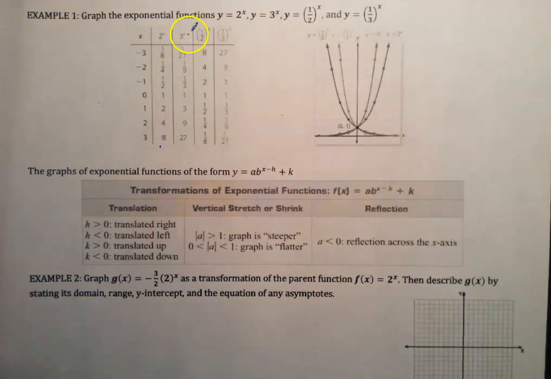Y equals 3 to the power of x, y equals 1/2 to the power of x, and y equals 1/3 to the power of x. Then we put in an x. There's a column for each of these, and we use -3, -2, -1, 0, 1, 2, and 3 for each of our x's, and plugged it into this equation. So we could then graph it.